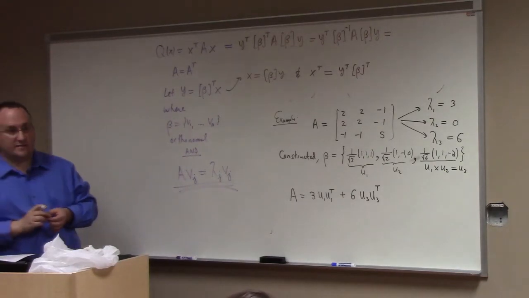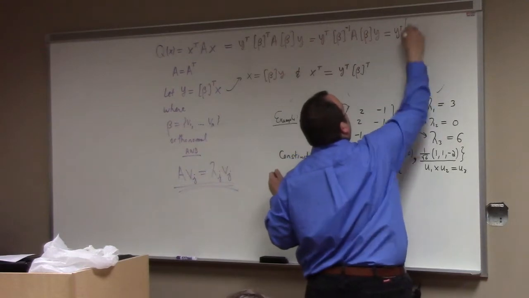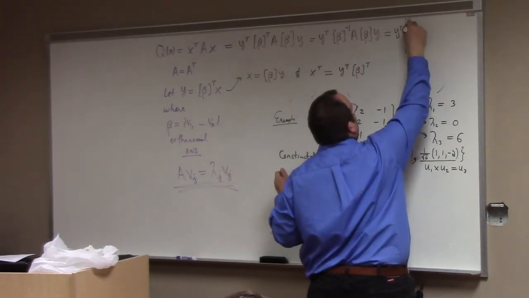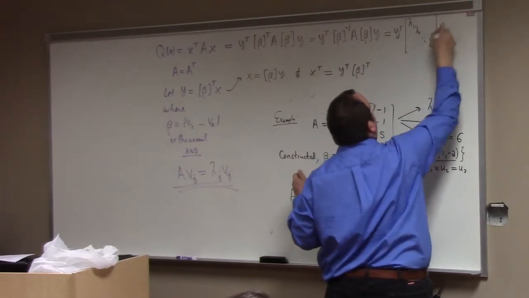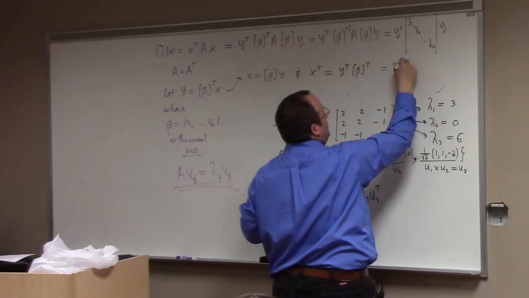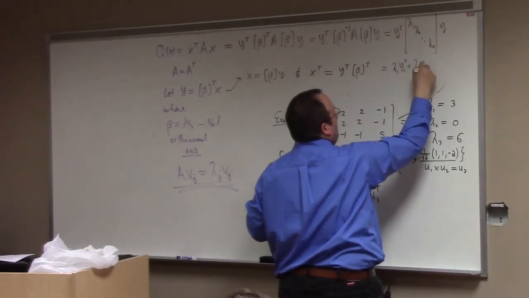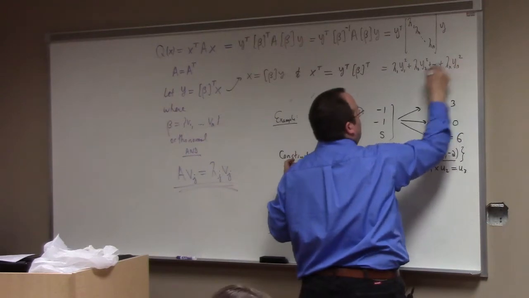It diagonalizes it, right? So what you're looking at here is y transpose, lambda 1, lambda 2, lambda n, y. And if you want a formula, that's lambda 1 y1 squared plus lambda 2 y2 squared plus lambda n yn squared.